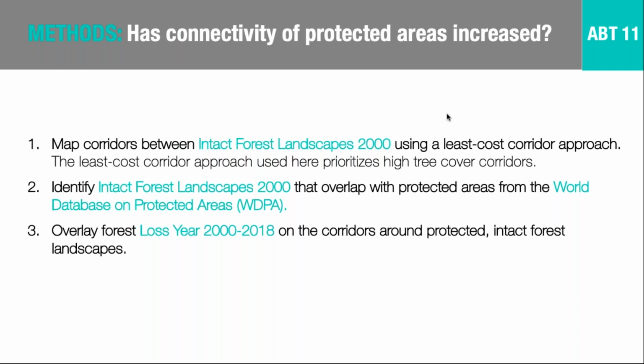But then what we can do is identify intact forest landscapes in 2000 that overlap with protected areas from the World Database on Protected Areas. And there are actually a lot of these overlaps because intact forest landscapes, they're large areas of forest with minimal evidence of human disturbance.